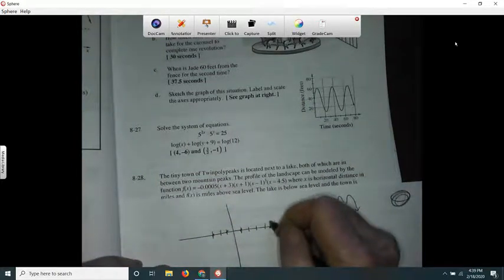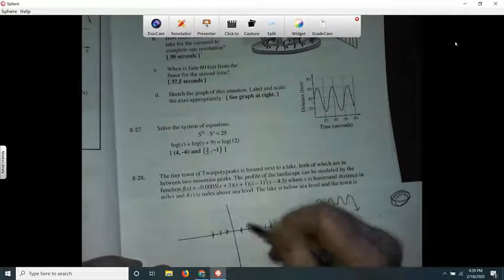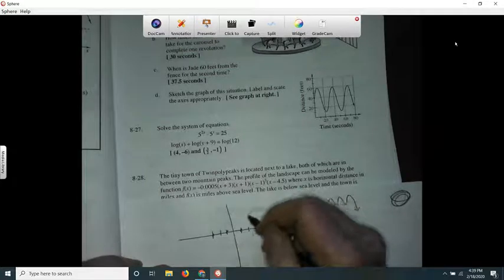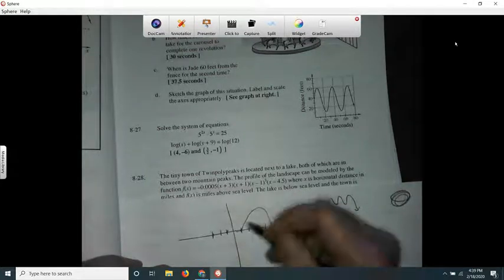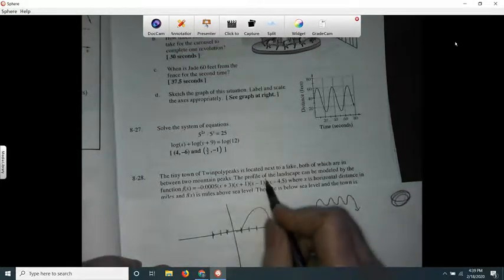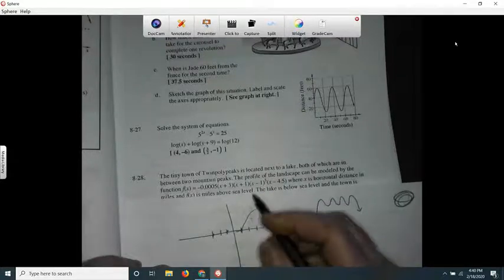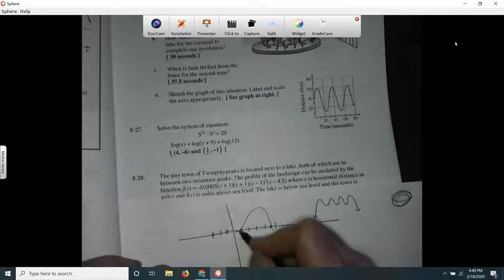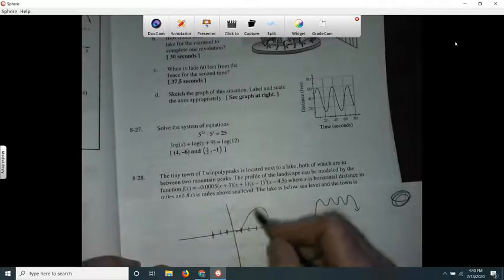So it'll come up, we don't know how high it's going to go. And then it's going to flatten out a little bit here because that's a fifth root. The higher I put this root, the more flat it's going to look. And it's eventually going to go below the axis. We don't know exactly where.